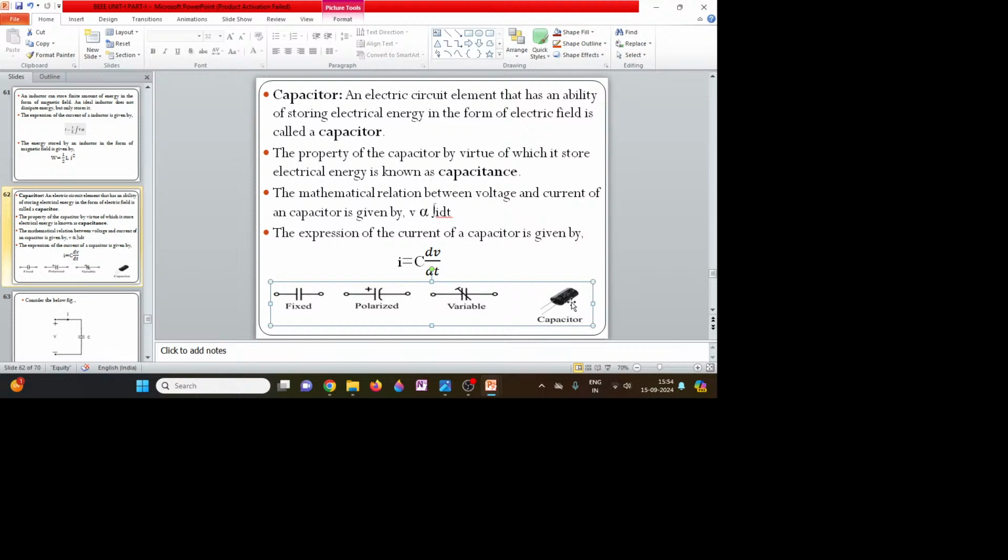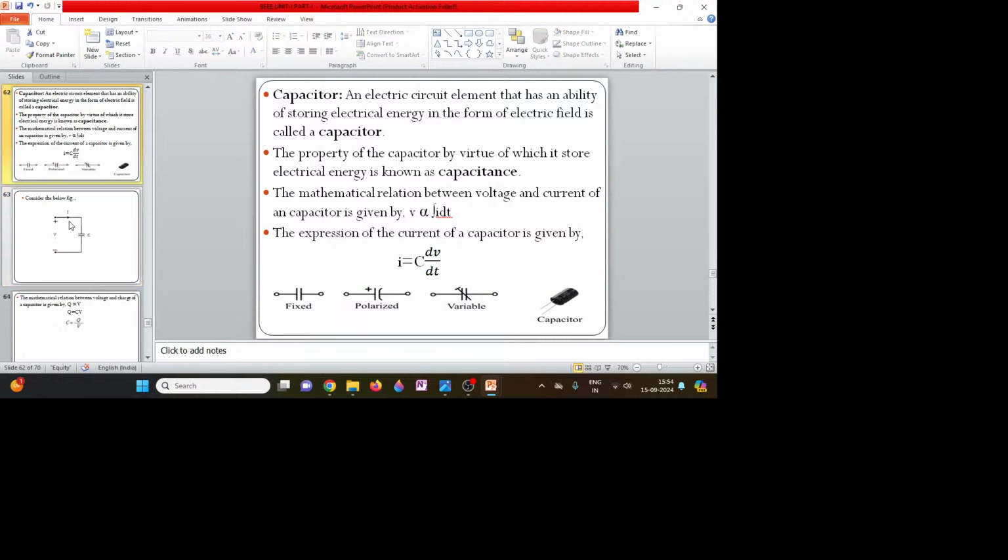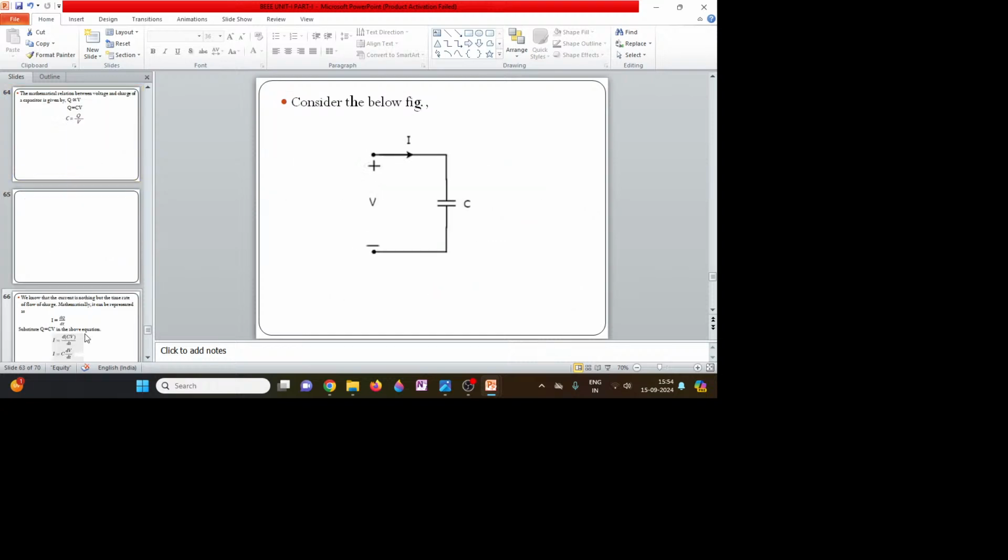This is the actual capacitor which you can see in your toys or any electronic devices. Now let us go here. So you can see a capacitor here.